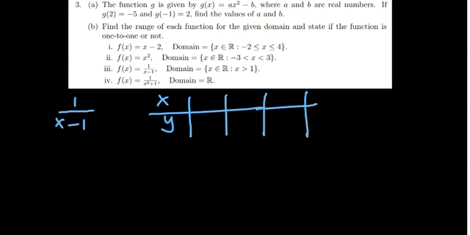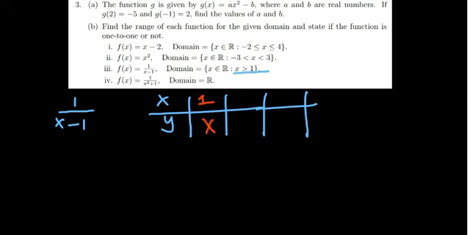So x, y, like a table of values, just to estimate things here. We are saying the domain is restricted to values of x that are greater than 1. So if you start from 1, you see that it will give you a 0 on the bottom, so it is not defined at that point.